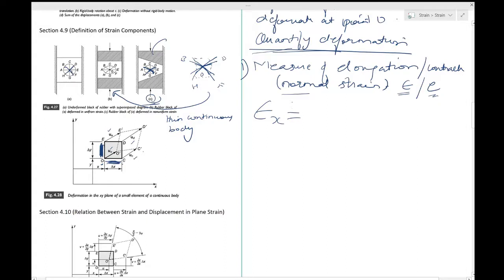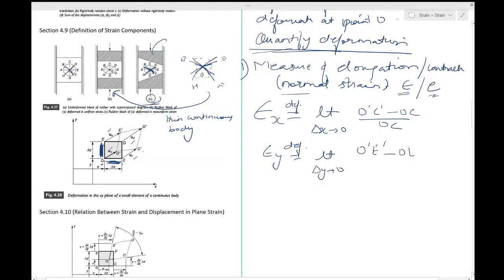Remember, this is the second time we are using this definition: E_x is the limit as delta x tends to 0 of (O'C' minus OC) divided by OC. Similarly, E_y is defined as the limit as delta y tends to 0 of (O'E' minus OE) by OE.